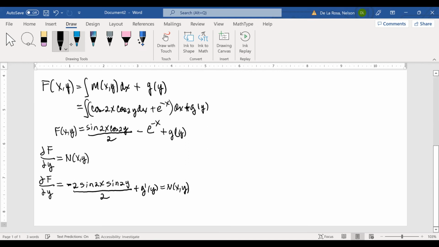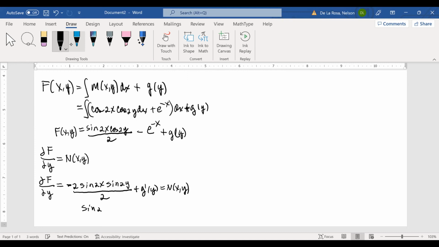So we can simplify that expression. So we have negative sine of 2x sine of 2y, the 2 and 2 cancel, plus g prime of y, that is equal to N. And what is N? N is negative sine of 2x sine of 2y minus 1 over y.